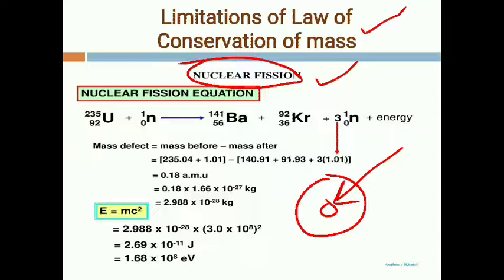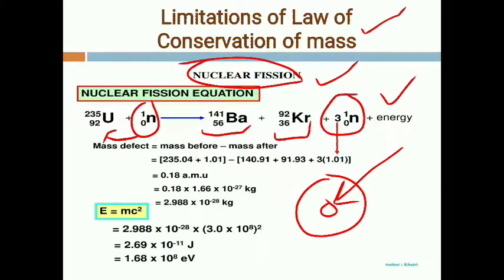Just one limitation I wanted to tell you: when a neutron strikes the nucleus of uranium, the uranium nucleus becomes unstable and breaks down into two simpler units, barium and krypton, and releases three more neutrons and lots of energy.